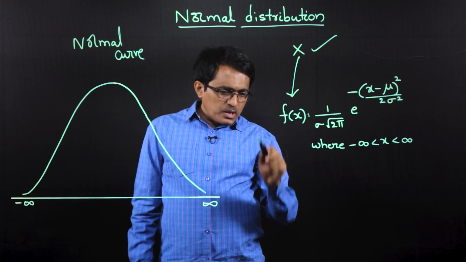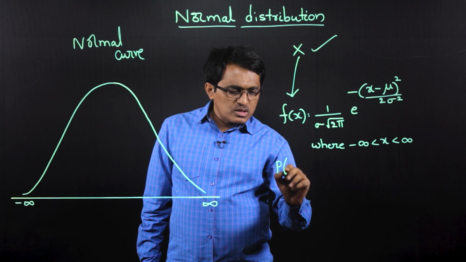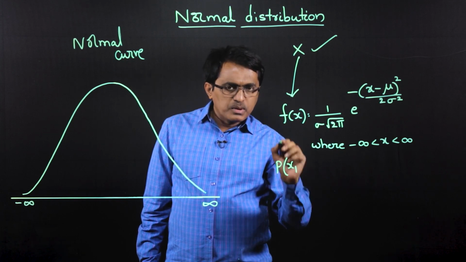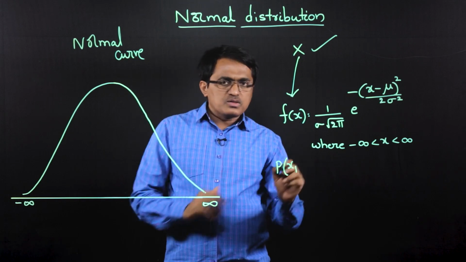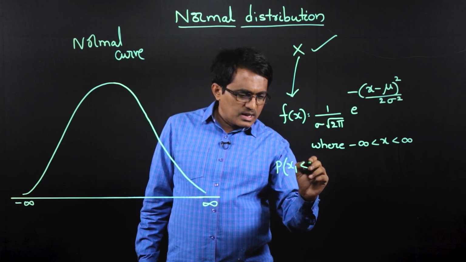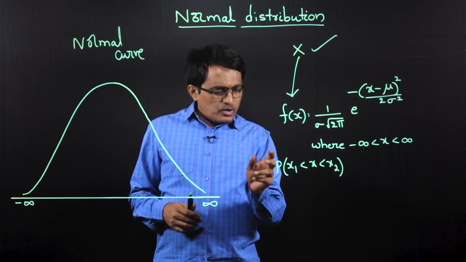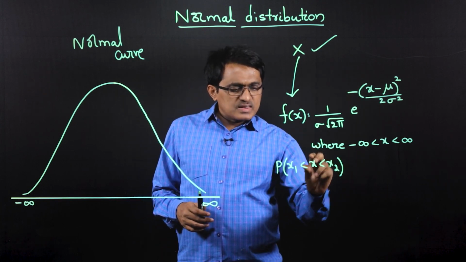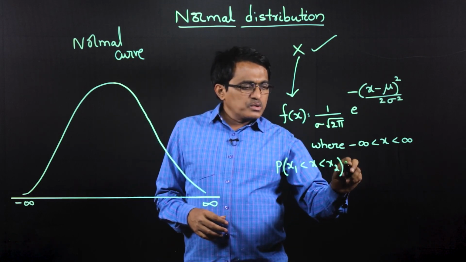Now, suppose we want to find the probability of x taking values between x1 and x2.